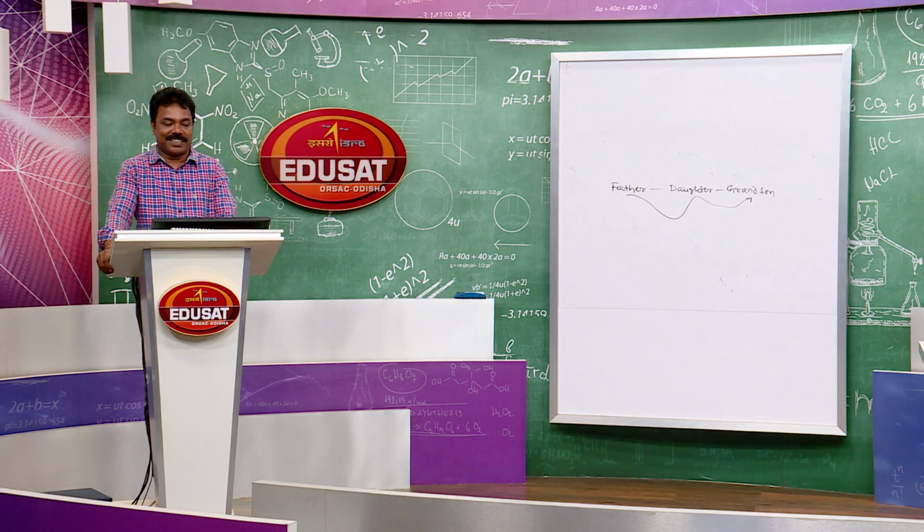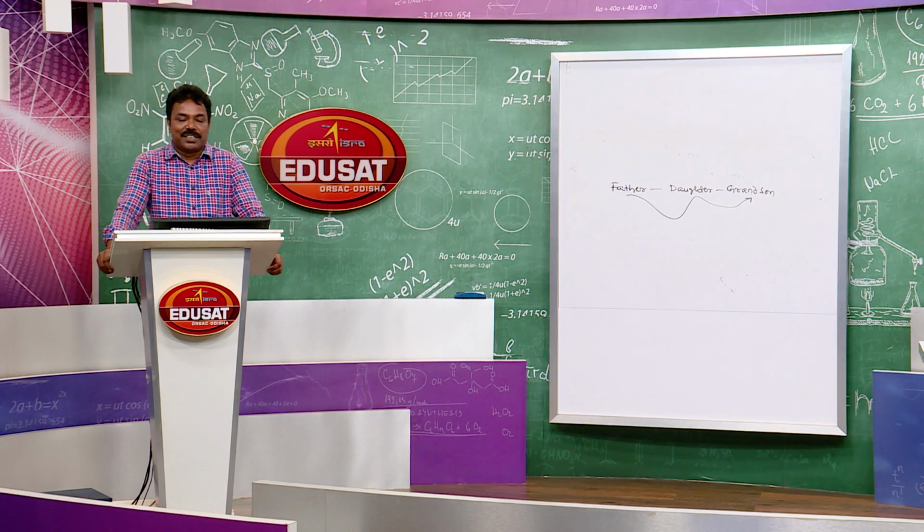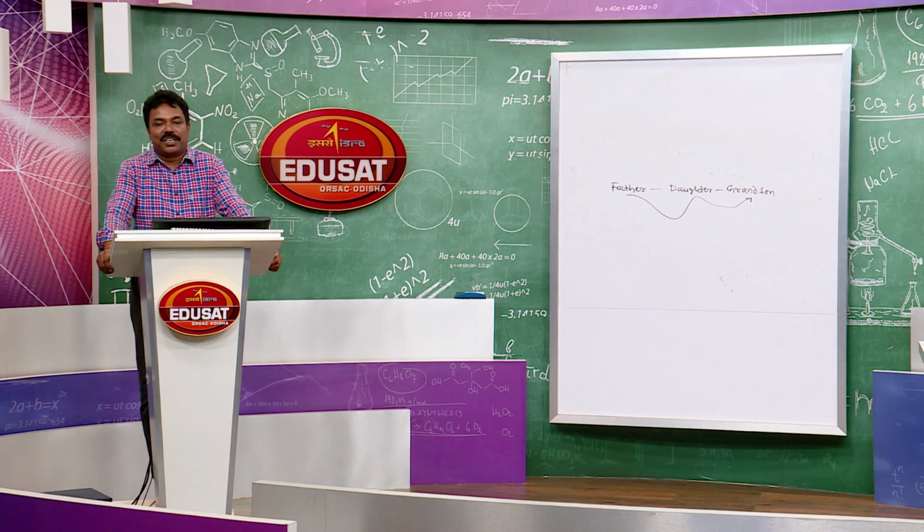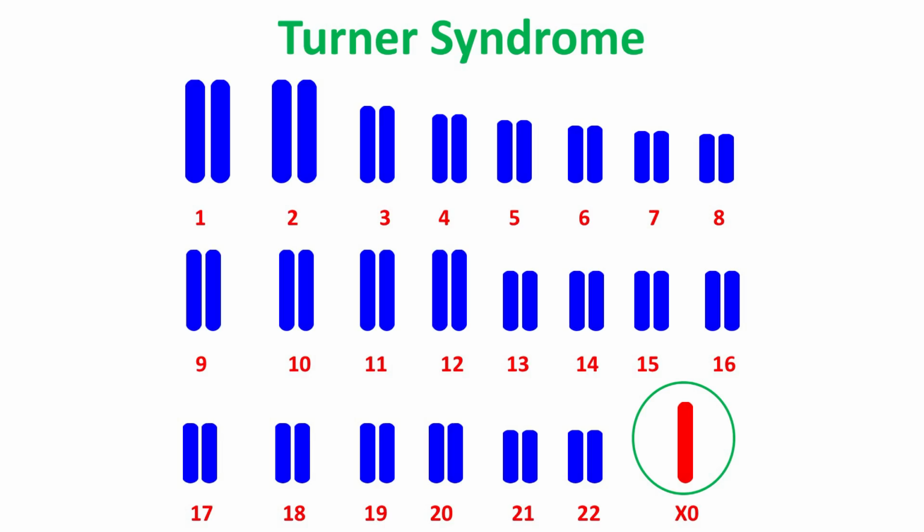Now, we shall discuss the next chromosomal disorder, that is Turner syndrome, which was discovered by Henry Turner. It is because of monosomy of sex chromosome. The female suffering from Turner syndrome carries only 1 X chromosome.